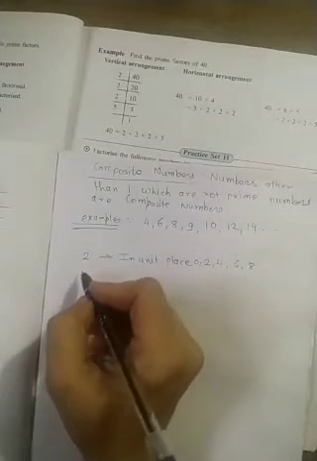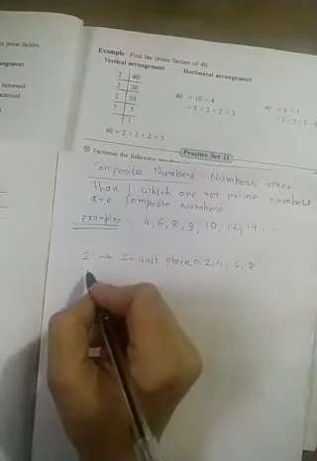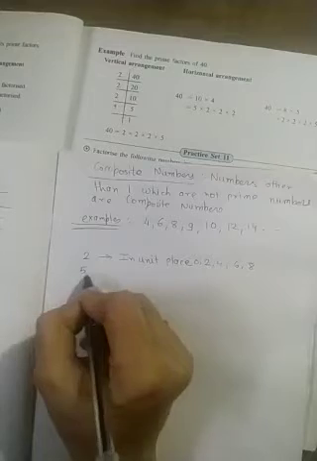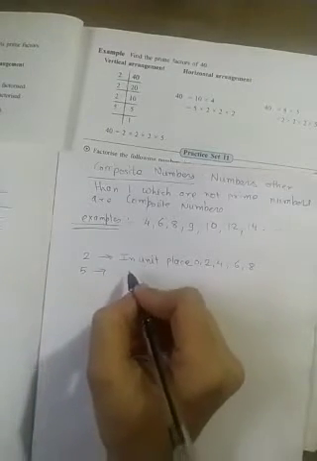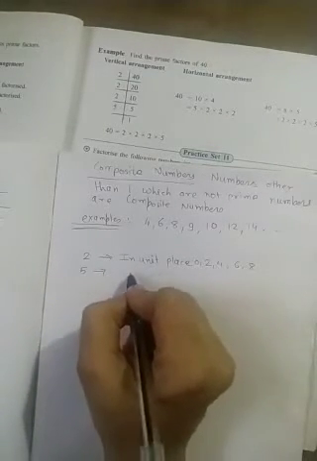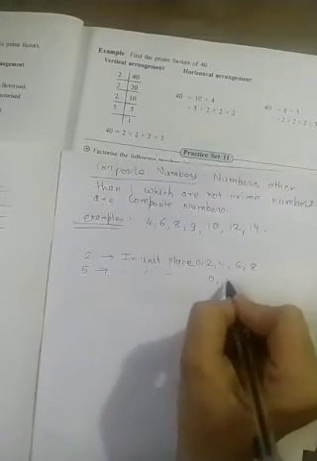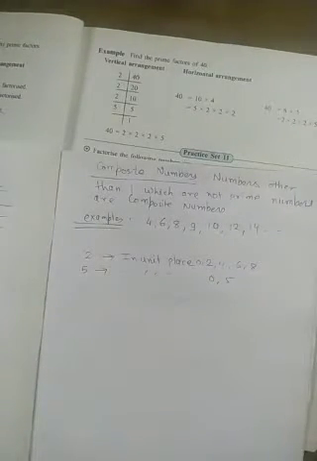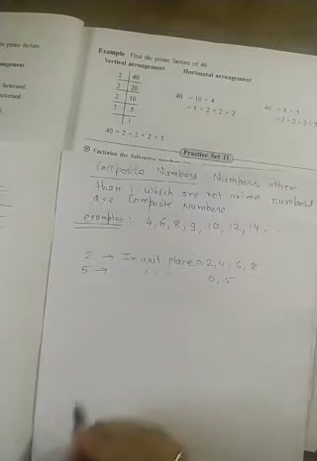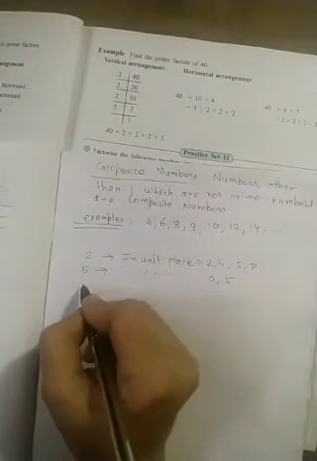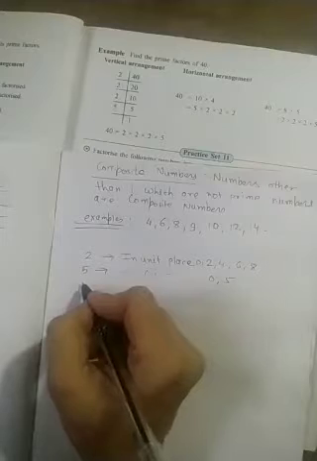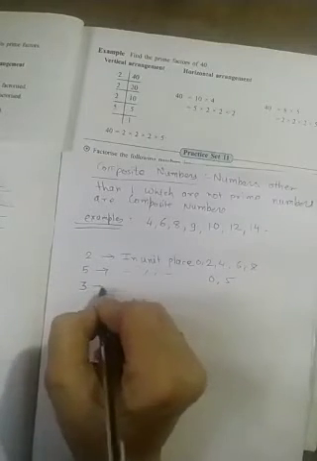In a similar way, what is the test for 5? If you find 0 or 5 in the unit place, then that number is divisible by 5. Now what is the divisibility for 3?